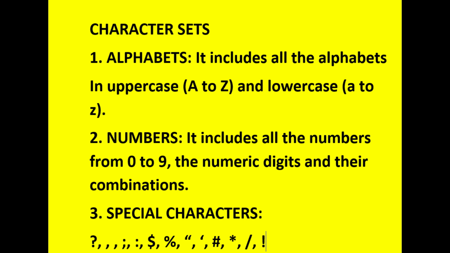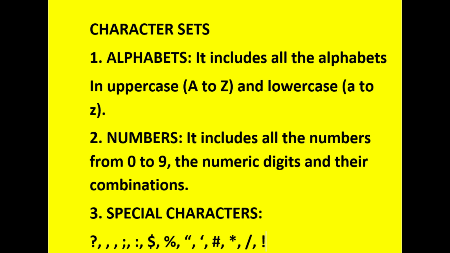In alphabets, all the 26 alphabets from A to Z, capital A to Z and small letter a to z, are included. And in numbers, we all know the numbers are from 0 to 9 and a combination of all these numbers like 90, 19, 29, they all are included.